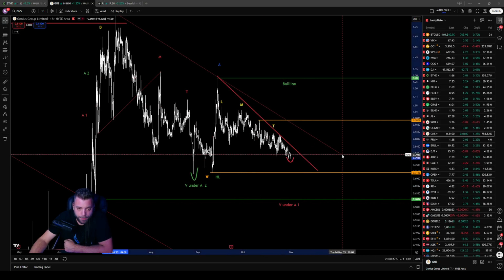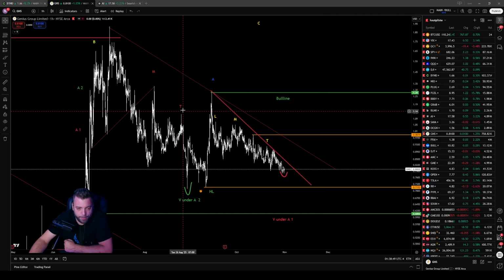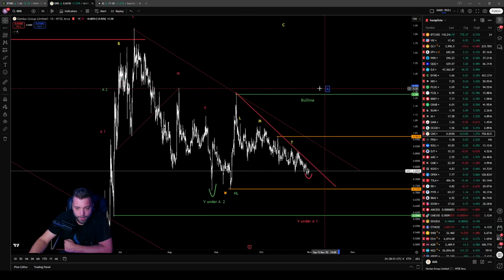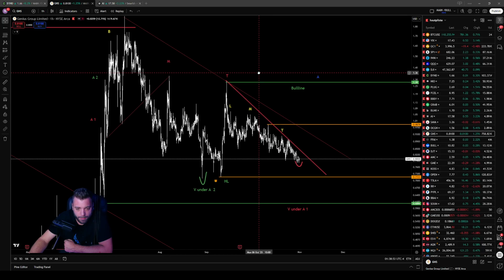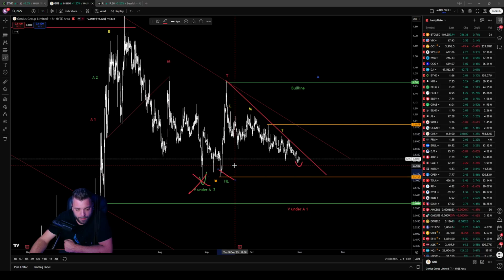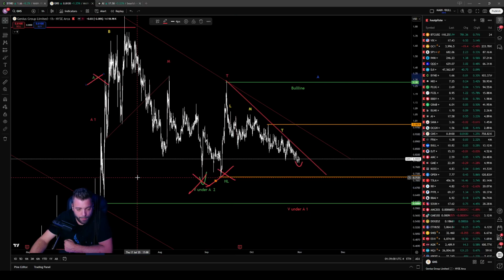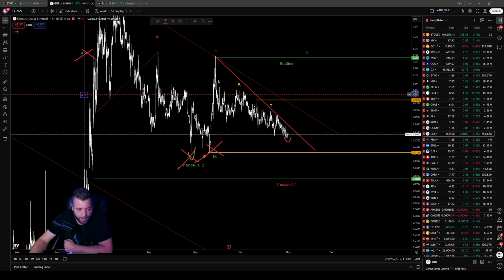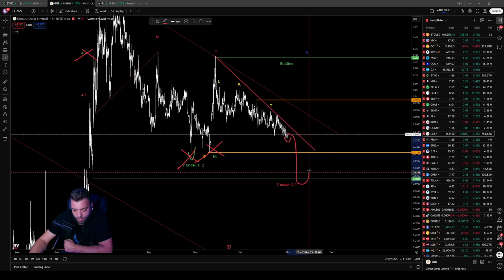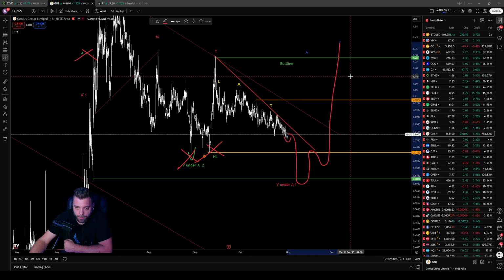The bearish alternative would mean that this T, this V under A and this higher low are wrong, and this A with this bottom is right, and we still have to do this one, higher low, and go.